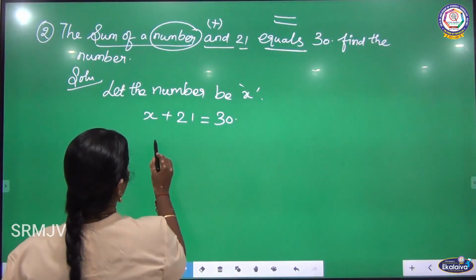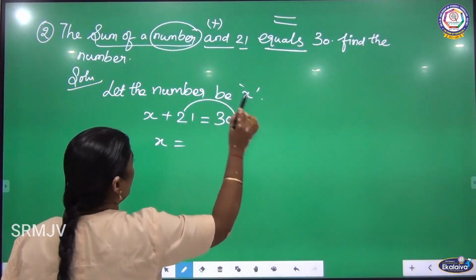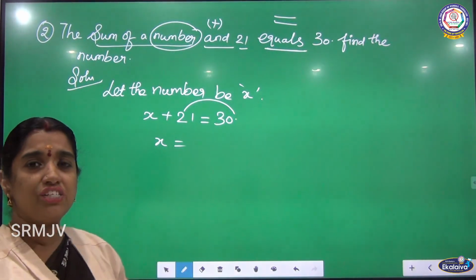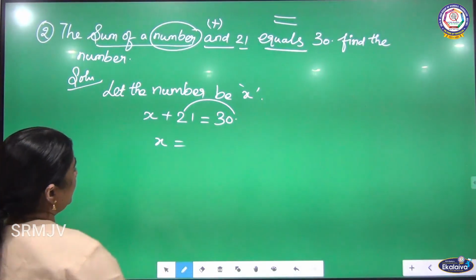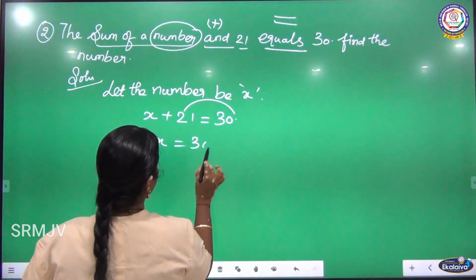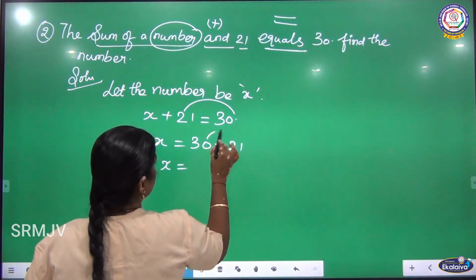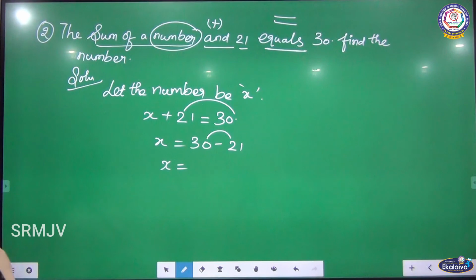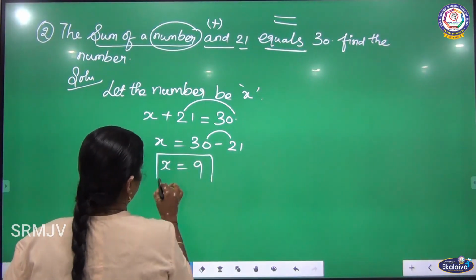So here what I am going to do, x is equal to, plus 21, inverse operation, plus 21 becomes what? Minus 21. Okay, so 30 minus 21. So 30 minus 21, what is the answer? 9. So x is equal to 9.